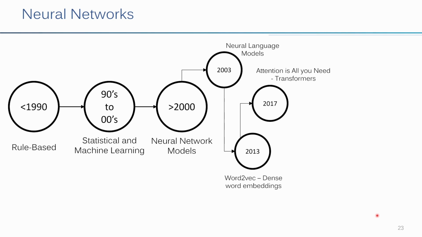It's worth mentioning that between 2013 and 2017, we did have some other models proposed, as we saw, like paragraph vectors or Doc2Vec, GloVe, FastText, and a bunch of other X2Vec approaches.